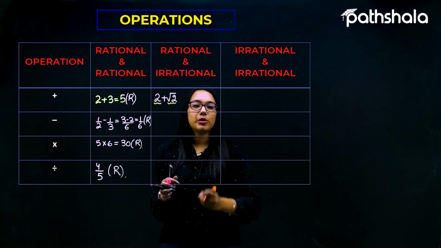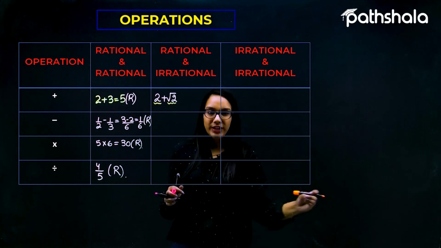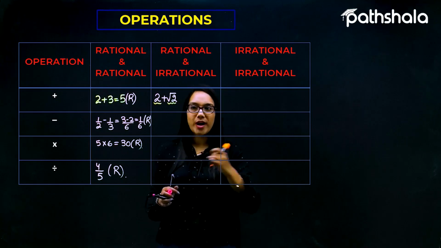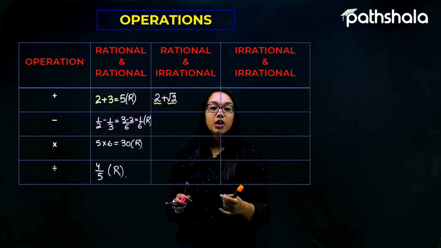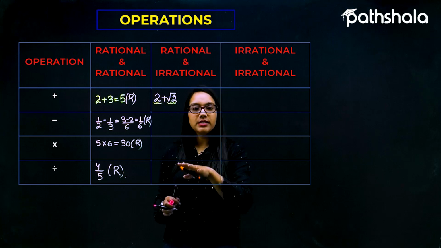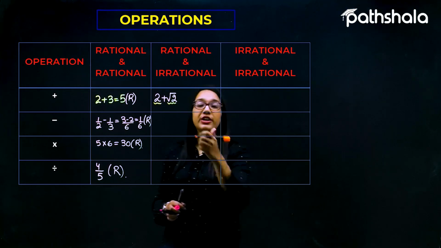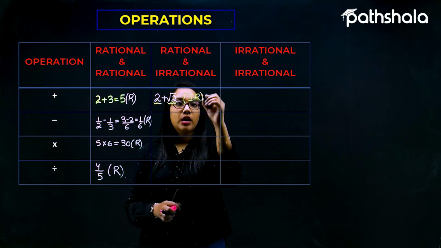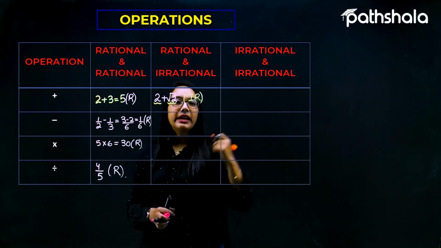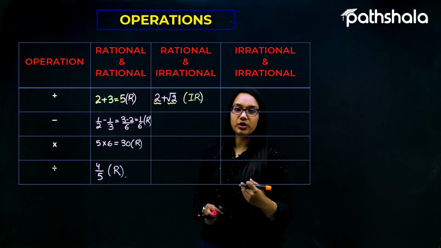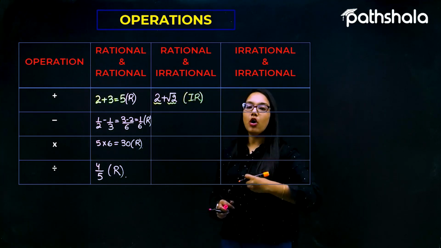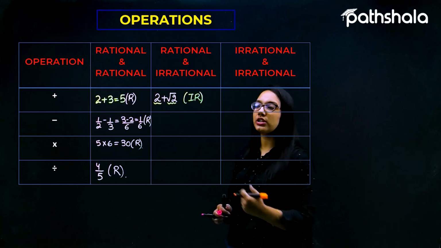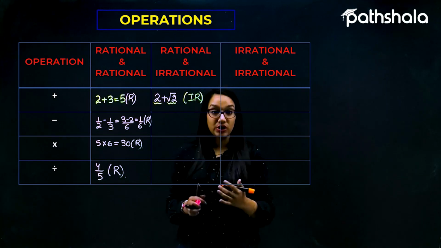We can only add like terms, and one is a rational, the other an irrational. So the answer is again 2 plus root 2, which is definitely an irrational number. I am writing it as IR. It means that the addition of a rational and an irrational is an irrational number.